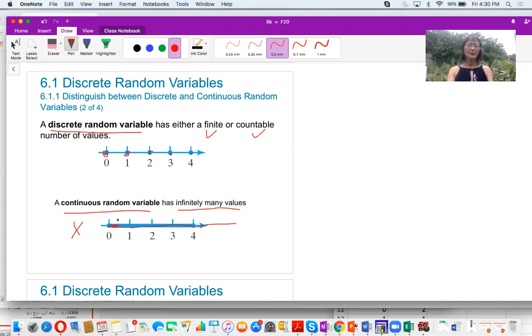Okay, could be 0.4, 0.96, 1.5, 2.75, etc. It has infinitely many numbers, so we use this line. There is no point, not like the discrete, where we have a point because it has a finite or countable value. Continuous random variable has infinitely many values.